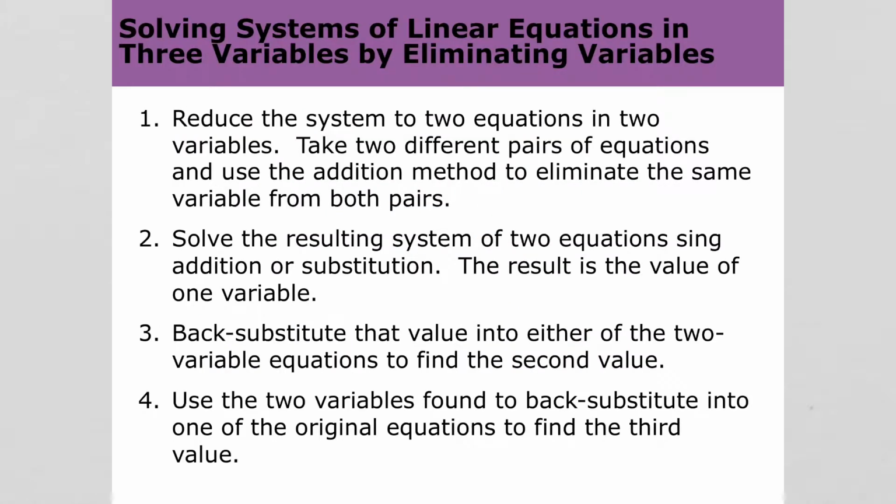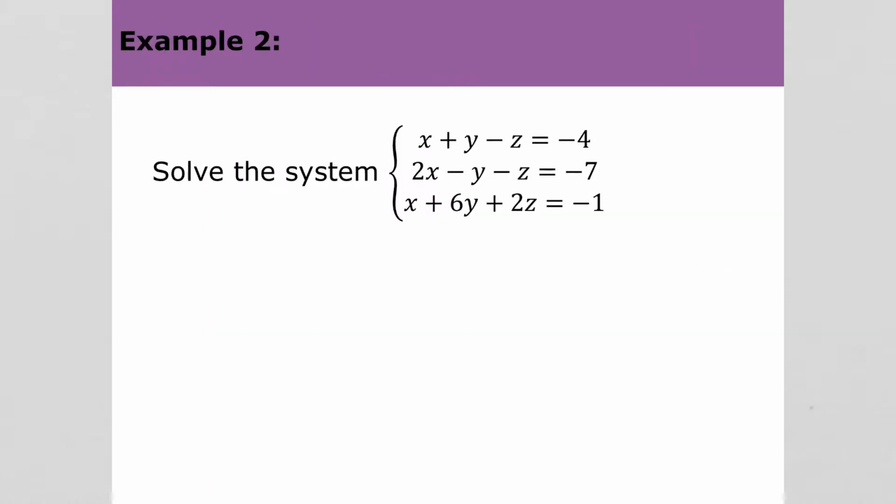Okay, so how do we solve these things? Well, here's a bunch of words you can read through, the explanation, but I'm going to just go ahead and go for it. What we first need to do is make sure that the equations are in the form ax plus by plus cz equals d.